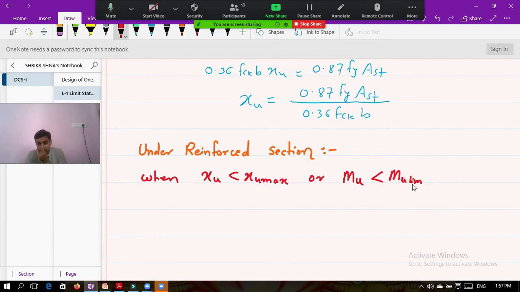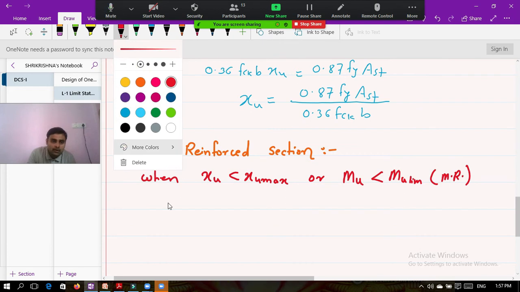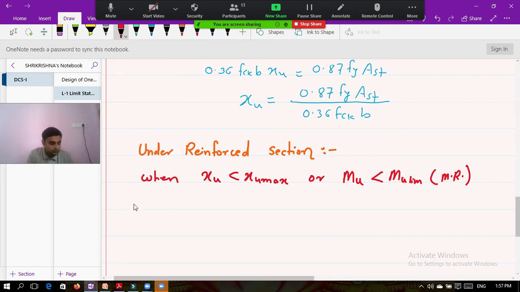this Mu limiting, we also call MR, moment of resistance, is nothing but your limiting value of bending moment, that is the maximum value of bending moment, and this is the bending moment generated in that structure. So when XU is less than XU max or Mu is less than Mu limiting, then the section is under reinforced section.